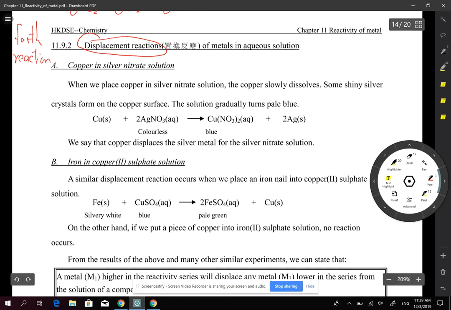If the less reactive metal is in another form of compound, usually a solution, then we put some more reactive metal in it. The less reactive metal will be displaced. That means the less reactive metal compound will form back to metal, and the more reactive metal will replace the position of the less reactive metal.